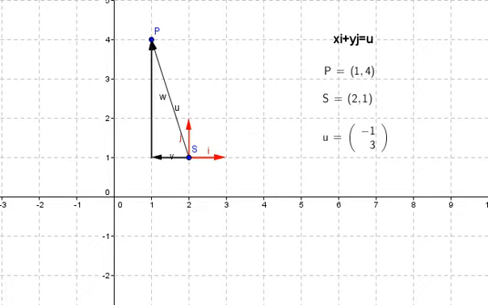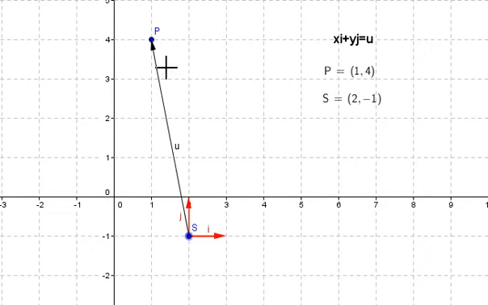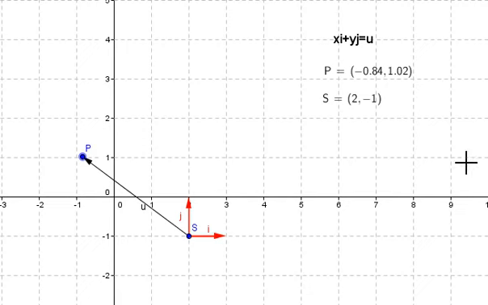Another example. Now pause the tape and find the coordinates of this vector.